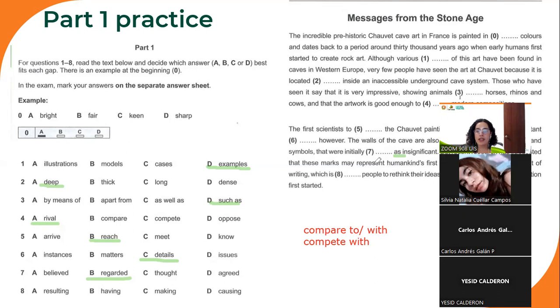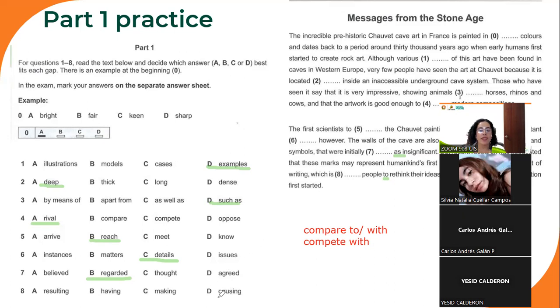The last one. The first step towards the development of writing, which is people to rethink. Okay, aquí también el secreto está en la preposición, which is resulting people to rethink, is having people to rethink, is making people to rethink, or is causing people to rethink.